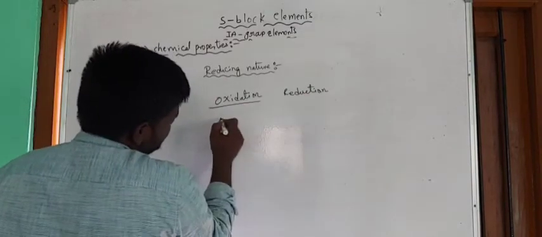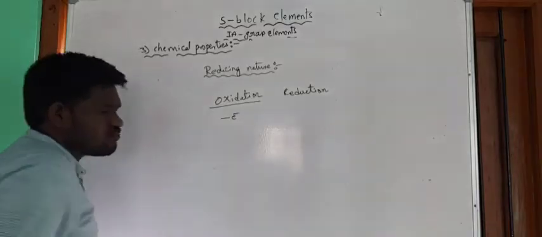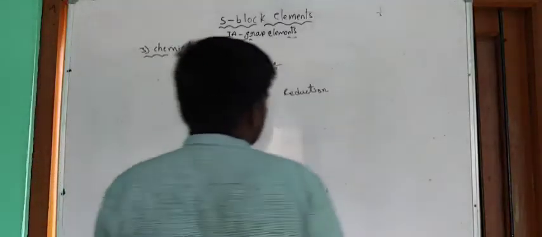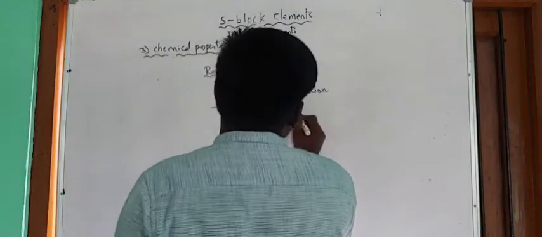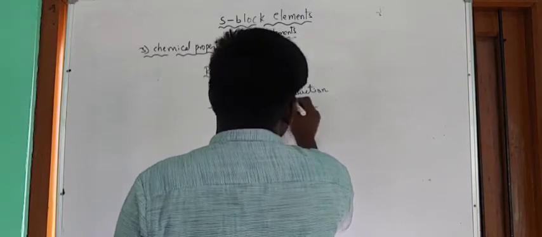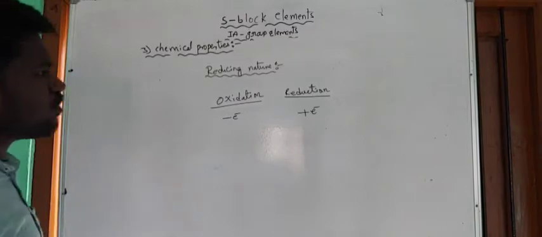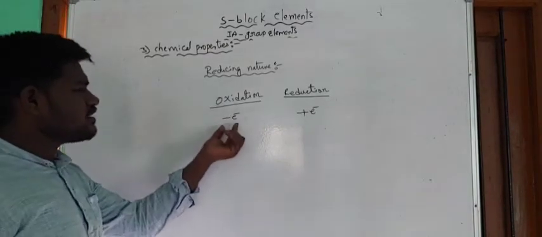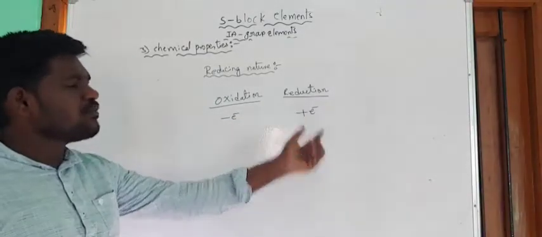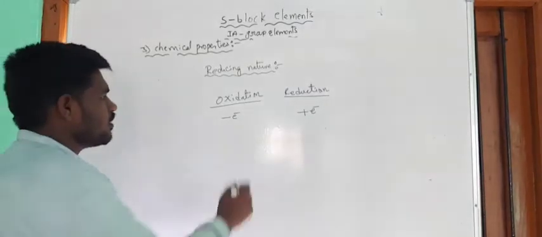Oxidation means losing of electron by an atom or some species, some molecule, and reduction means gaining of electron by a particle, maybe an atom or molecule.